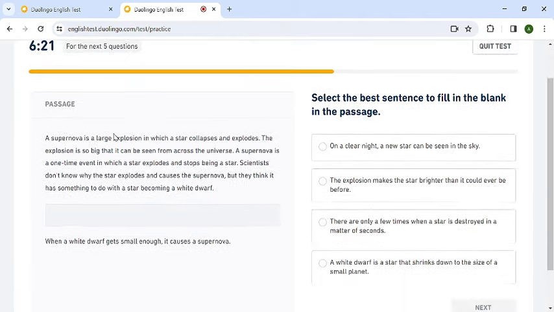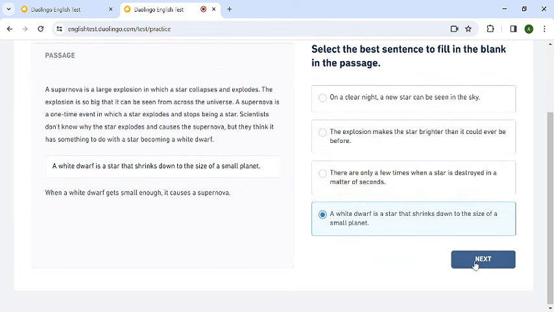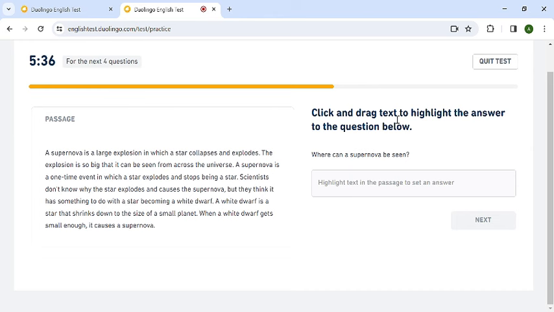Select the best sentence to read. It's one was a large explosion and it's also the constant process. Scientists don't know because of the biology, but they think it has something to do with the step of the white dwarf. The white dwarf is a star that shrinks down to the size of a small planet.